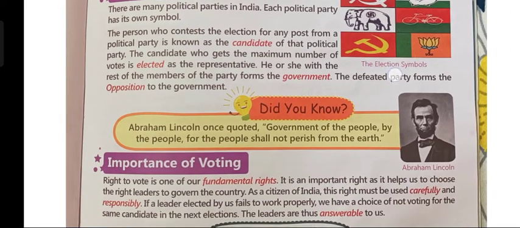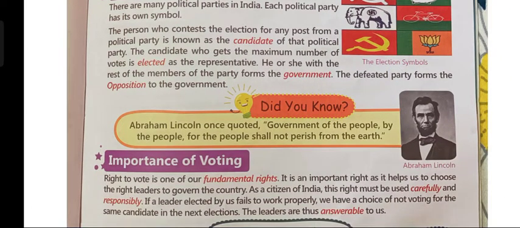Now, let us read Did You Know? Abraham Lincoln once quoted, "Government of the people, by the people, for the people shall not perish from the earth." So, children, Abraham Lincoln was the 16th US president, and he said that government of the people, by the people, and for the people shall not perish from the earth.